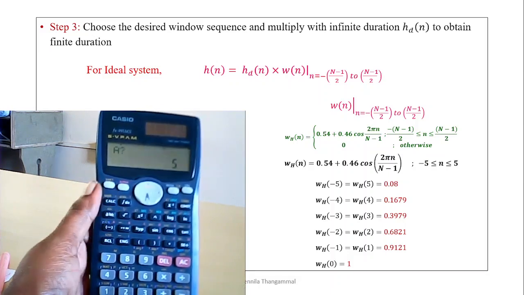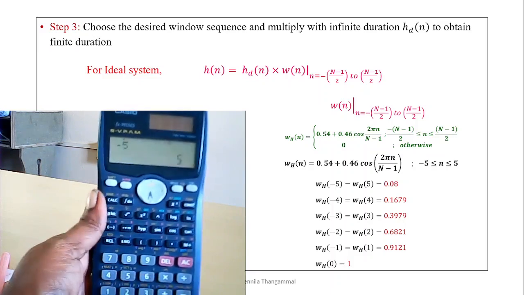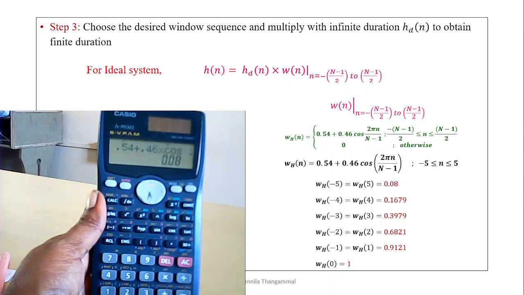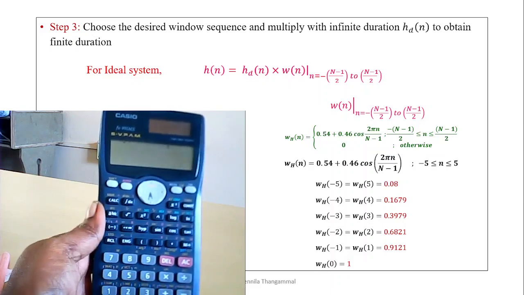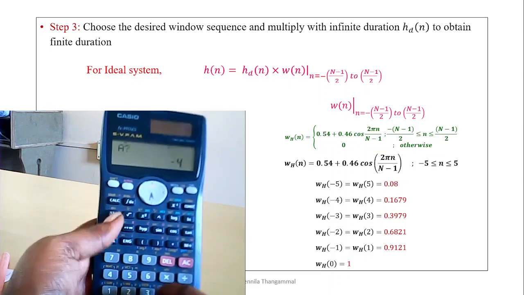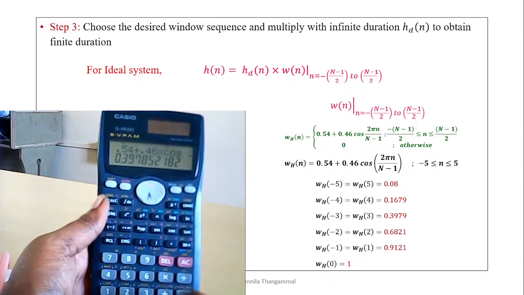Calculate. You have to find it for minus 5 to plus 5. So minus 5 is going to be 0.08. Calculate for minus 4 equal to 0.1679. Calculate for minus 3 equal to 0.3979.